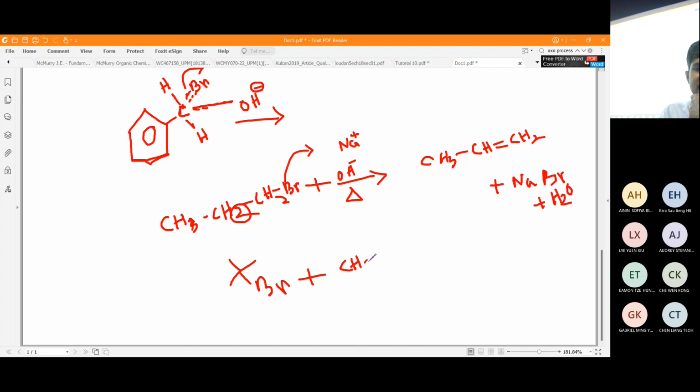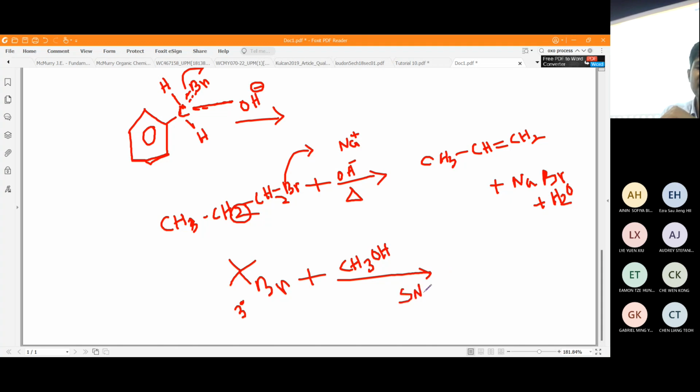Methanol is not a strong base, but it is a base to some extent because it can produce a methoxy ion, but there is a hydrogen ion as well. That's why it is not a strong base, right? So what is happening? First of all, it is a tertiary alkyl halide, 3 degree, and then it's a weaker base. So of course there is no other chance but to have an SN1 type of reaction.